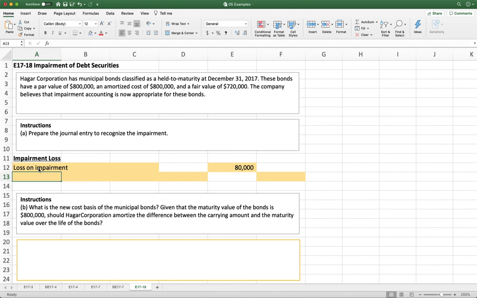Now, our credit account is either going to be directly to our debt investments account or it's going to be an allowance account. So this is going to depend on management's intent. In this case, management's intent is to hold to maturity. So that means that if we believe this impairment is going to happen and we're going to hold these to their maturity, then we are definitely going to incur this loss.